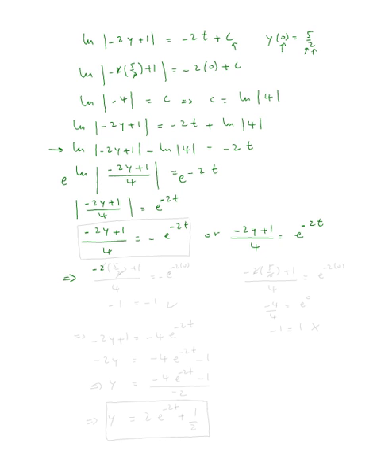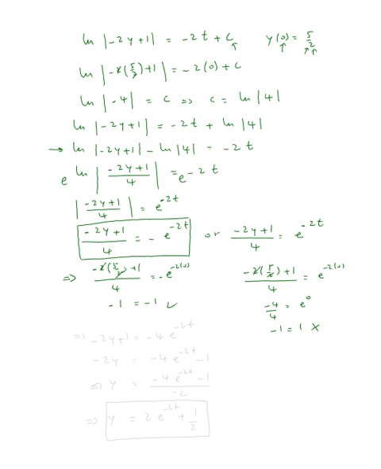Negative 2 times 5/2 plus 1, negative 5 plus 1, negative 4 over 4 is negative 1, is equal to negative e to the 0, negative 1. This works. Let's see why the other doesn't work. Negative 5 plus 1, negative 4 over 4 is equal to e to the 0. Negative 1 equals 1. This doesn't work. So our solution will be this one.